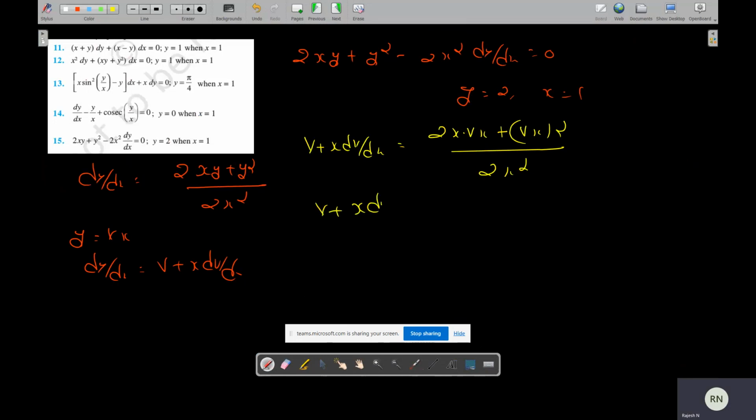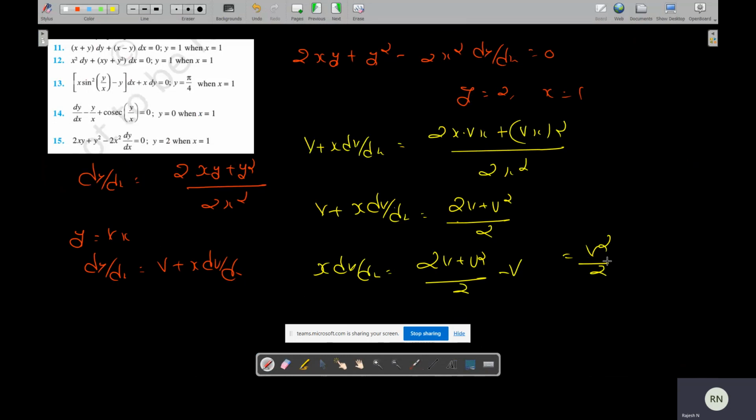So v plus x dv by dx is equal to 2v plus v squared by 2. Therefore, x dv by dx is equal to 2v plus v squared by 2 minus v. So what is the answer? v squared by 2.